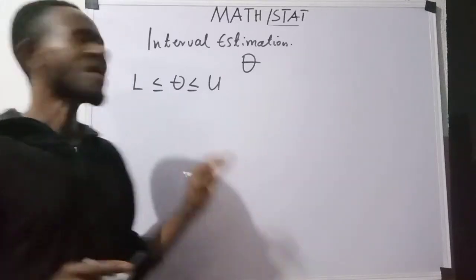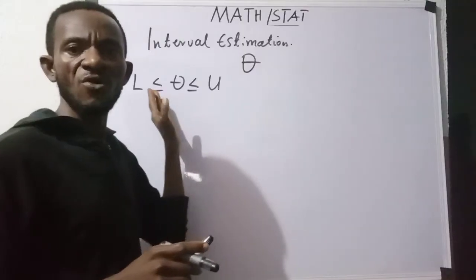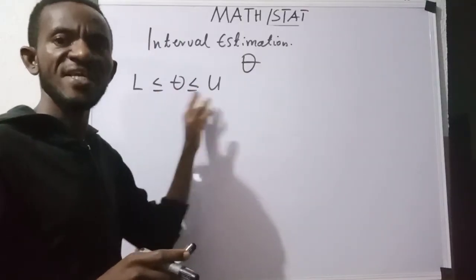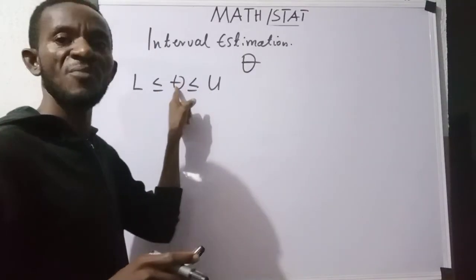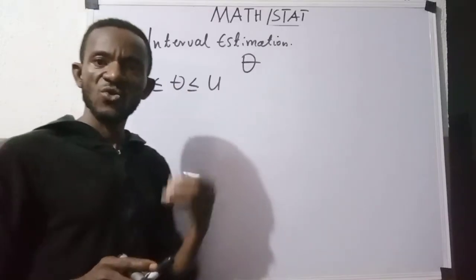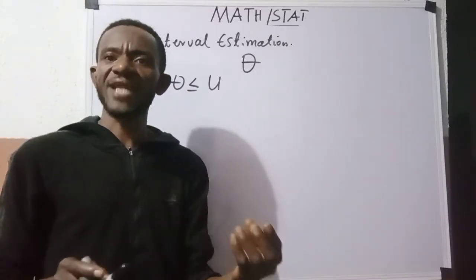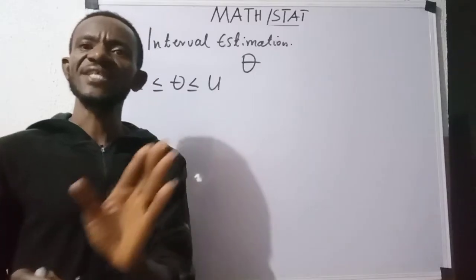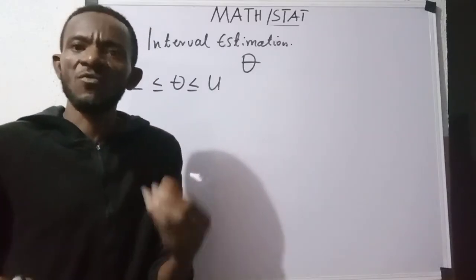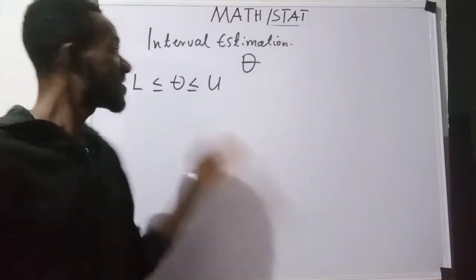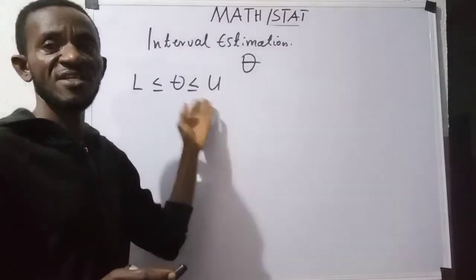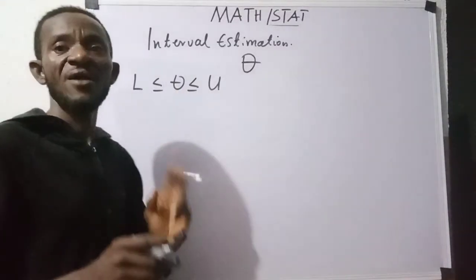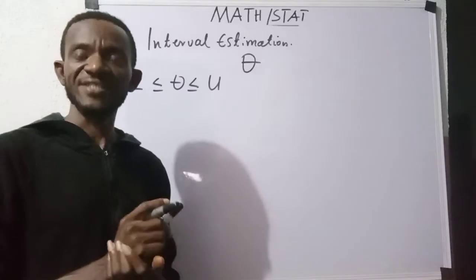However, when we talk about constructing a confidence interval for the unknown population parameter theta, we try to ascribe some level of certainty, or what we call some level of confidence, that the interval we are constructing is going to include our population parameter theta.